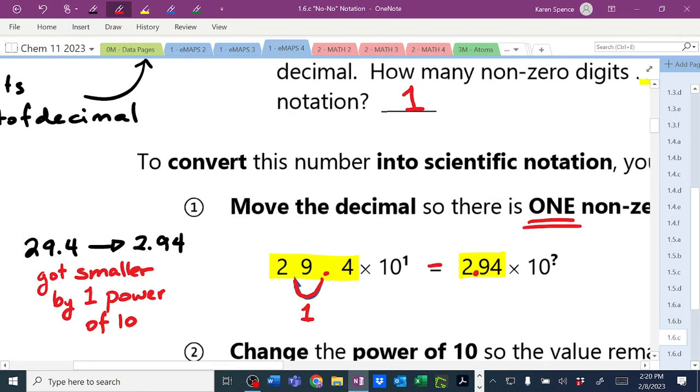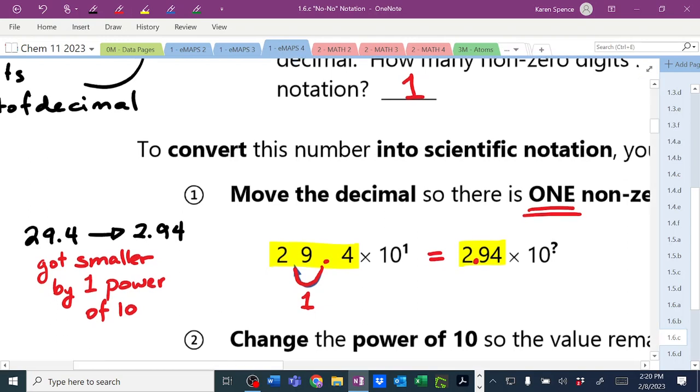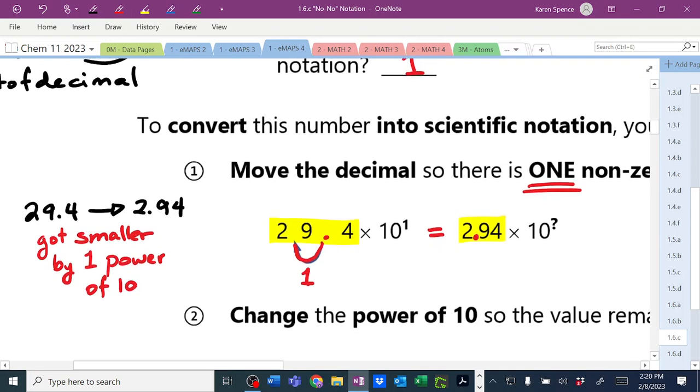In order for these two things to stay equal, we're going to also have to change the power of 10, because if we leave it as a 10 to the 1, these two things will not be equal. So if 29.4 got smaller, what's going to happen to the power of 10? The power of 10 will have to get bigger, okay?